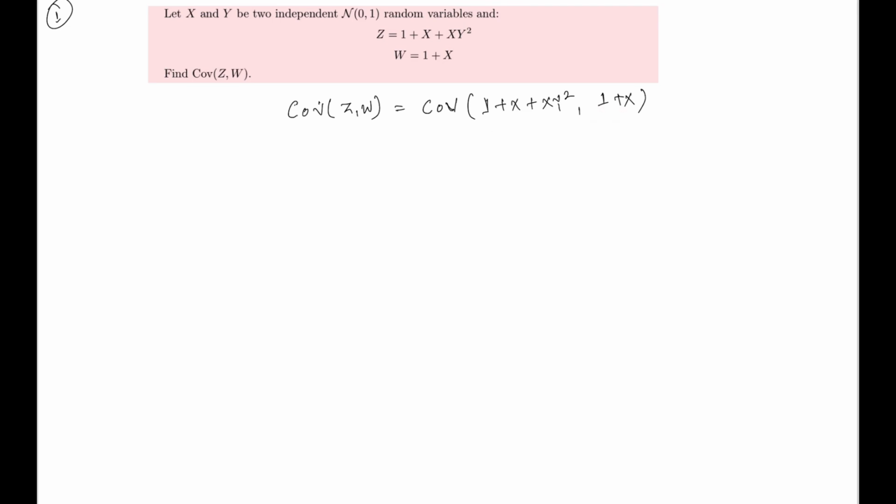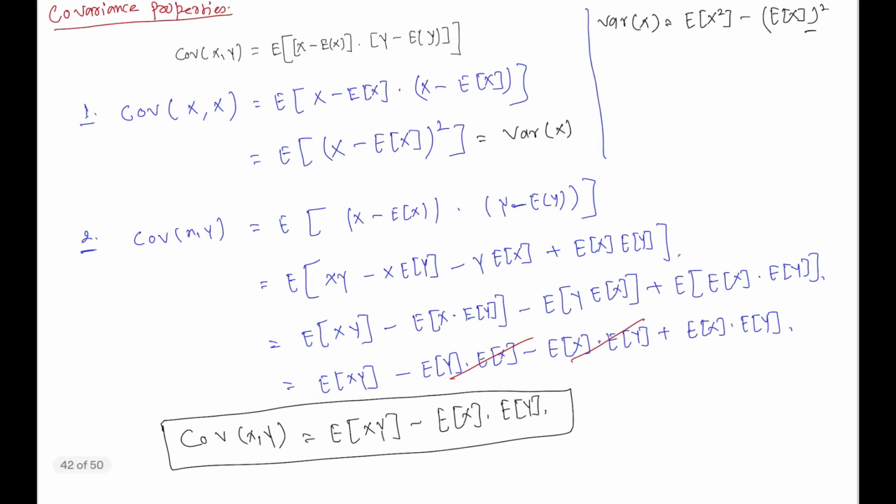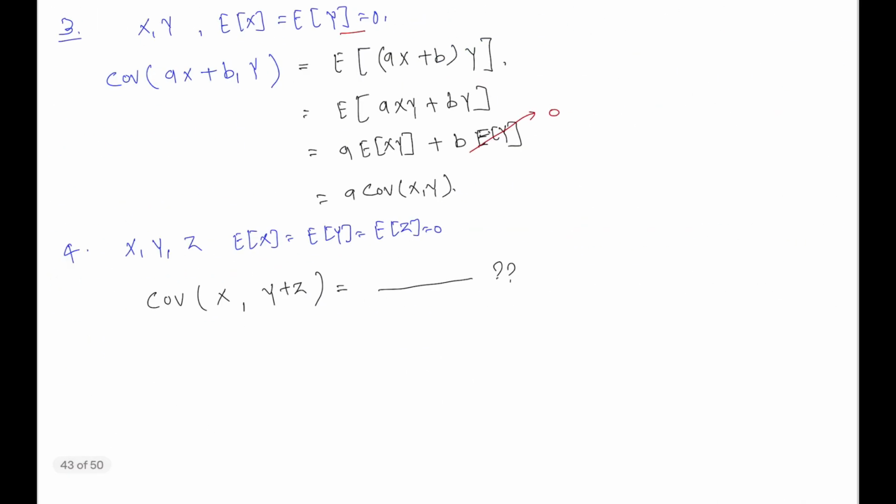Recall the properties of covariance. Let me remind you of the very first property. If you have random variables x and y, and a linear function of x, and you find the covariance between this linear function and y, then you have observed that it doesn't depend on b.